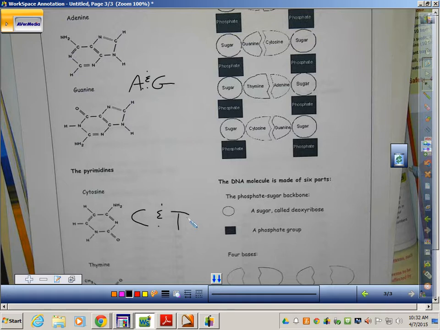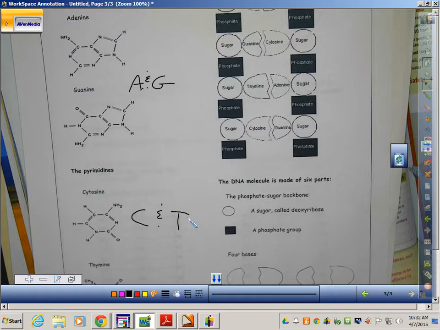So you guys, you need to understand that there's two basic types of nucleotides. There's purines and pyrimidines. You always have to have a purine with a pyrimidine. And G goes with C and A goes with T. So you go at G and C to get your vitamins. That's how I remember that. I don't care how you remember it, but you have to remember. So the reason why is this.